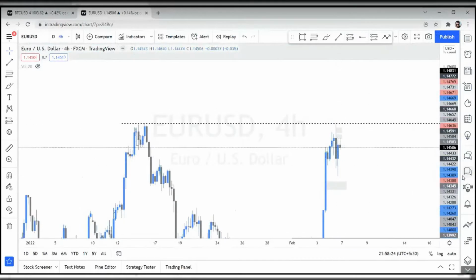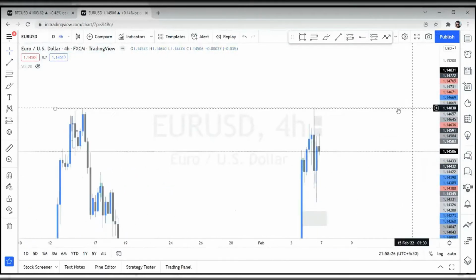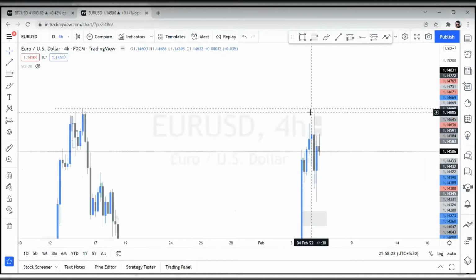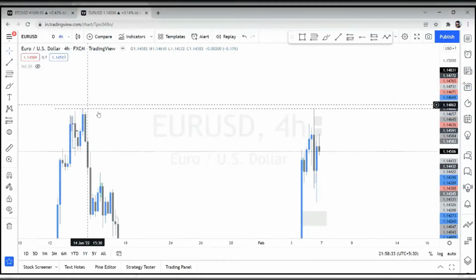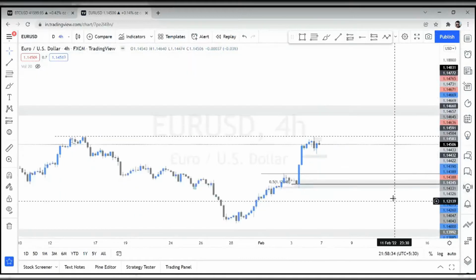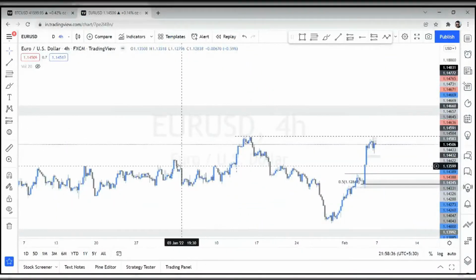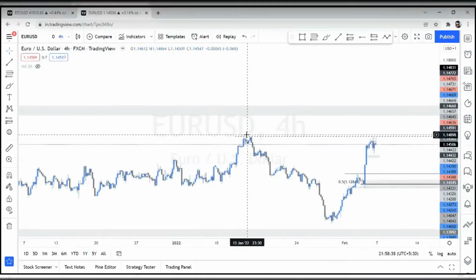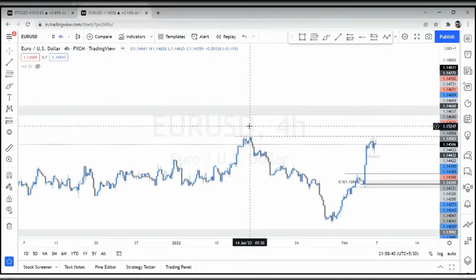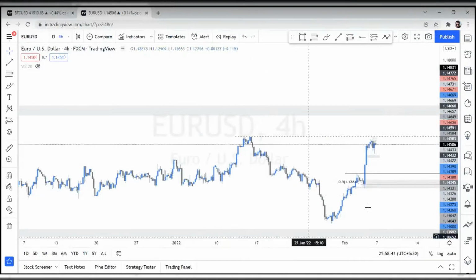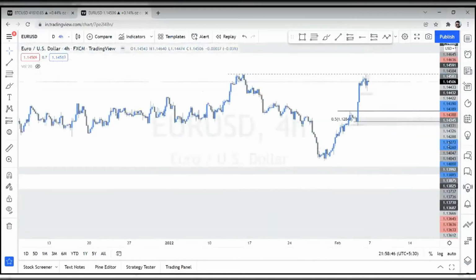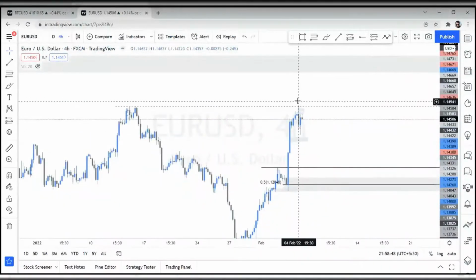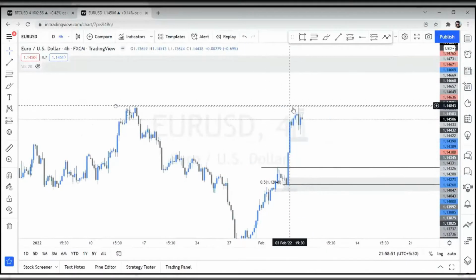So the point is, did it really break the structure, or was this just a liquidity grab? Because as I've explained in my previous webinar, above every swing high there is liquidity that price wants to go to. So this may be the case where price just liquidated with this wick, and then it's ready to move down.